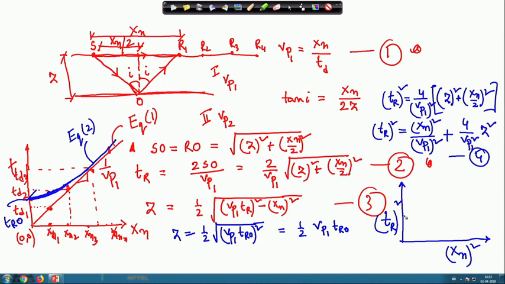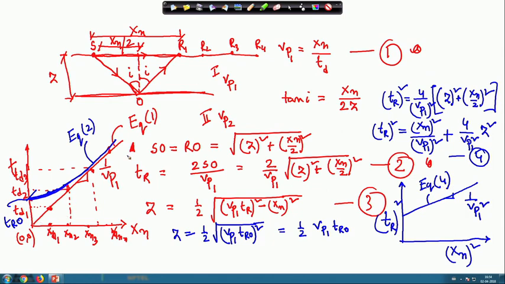The slope of this curve will give you 1 by V_p1 square. This is equation number 4. So, there are two ways: either you use the other curve.